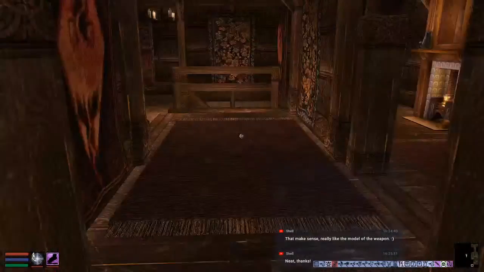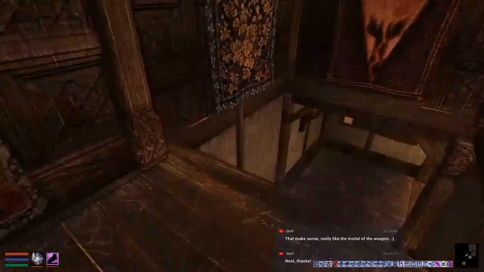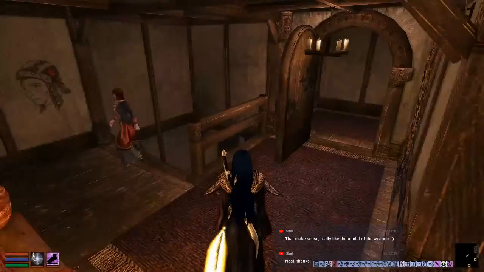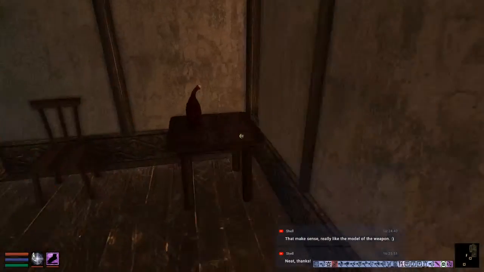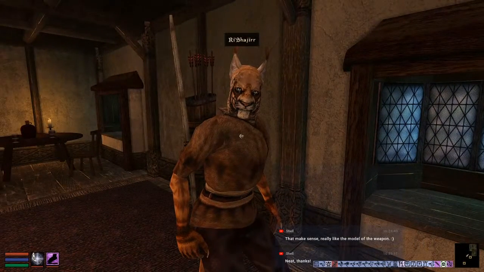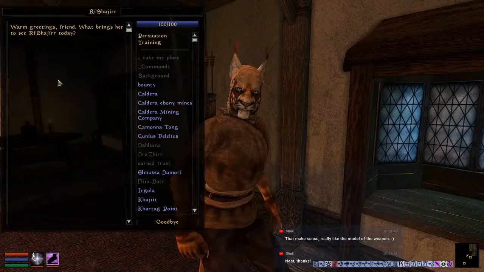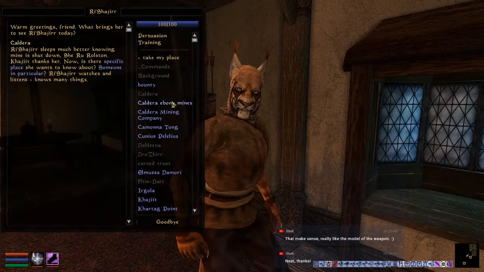This is closed. So I think we are. Oh, and this is another NPC, but mostly related with the Caldera Ebony Mines.